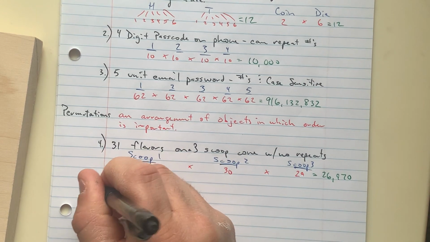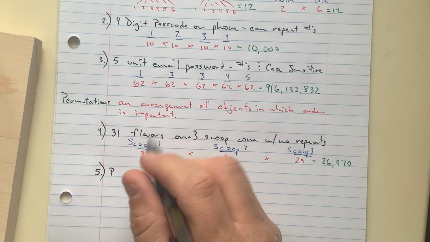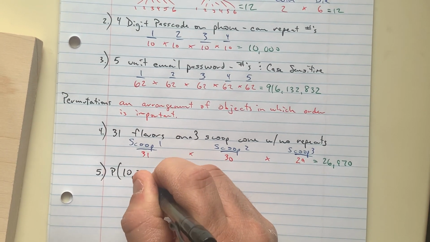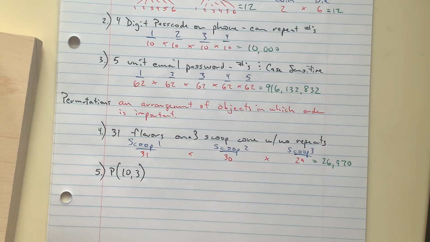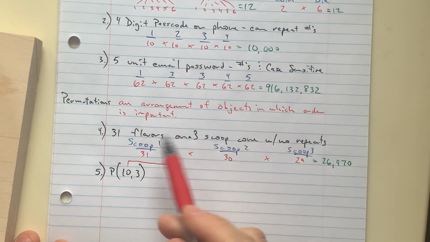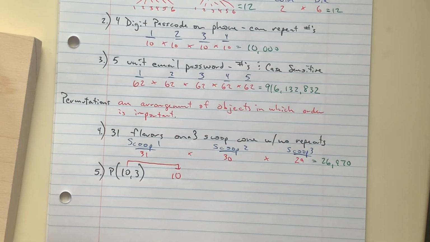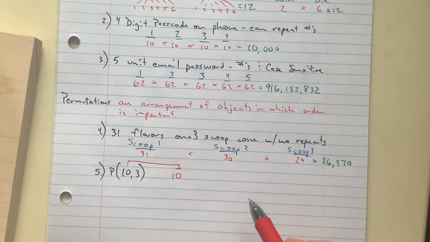Another way that we see permutations, they write it like this: permutation of 10, 3. This first number is telling us where we're going to start. Like on 31 flavors, we started at 31. So this first number is the number we start with. The number 3 is how many numbers we're going to multiply.